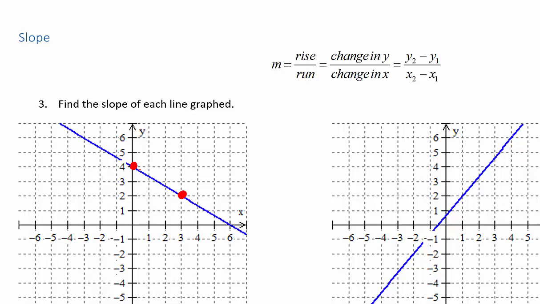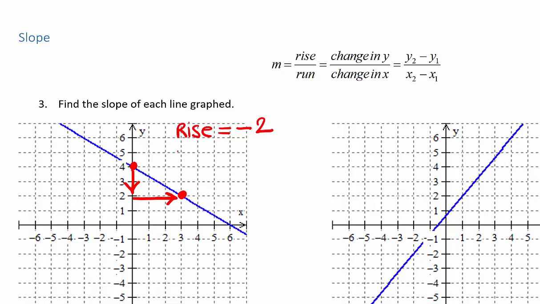So if I'm moving from left to right, let's see, it looks like I have to actually go down 2 units, and then I have to go over to the right 3 units, and that will take me to the next point. So again, the rise is the amount that you have to move up or down. In this case, because I have to go down 2, I'm going to say my rise is negative 2.